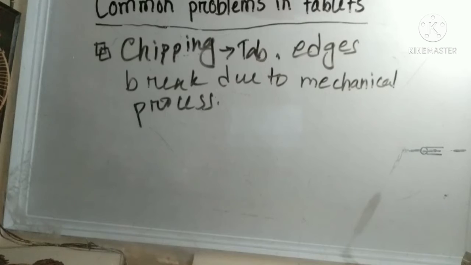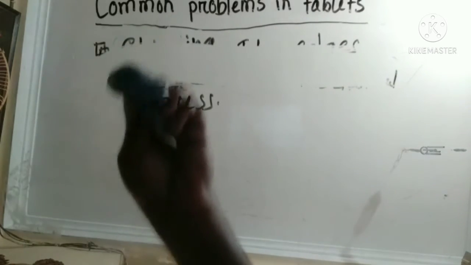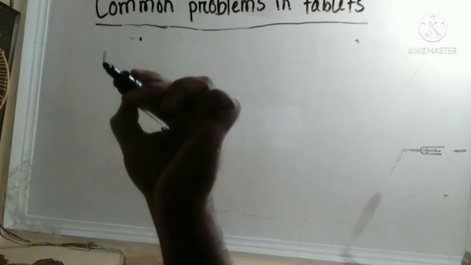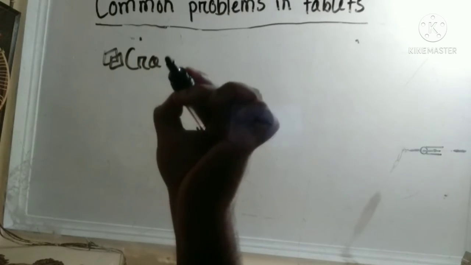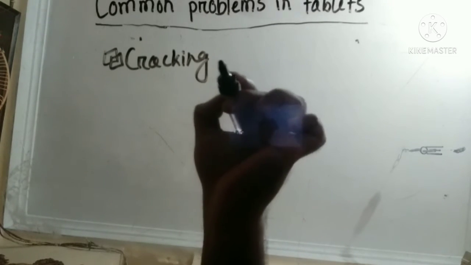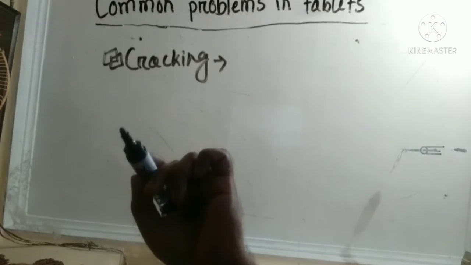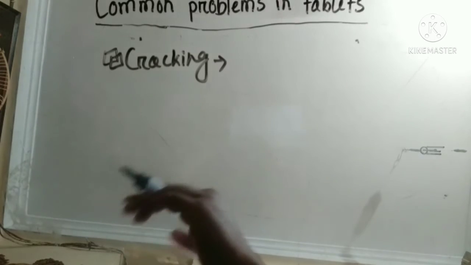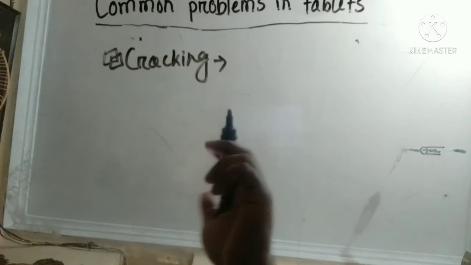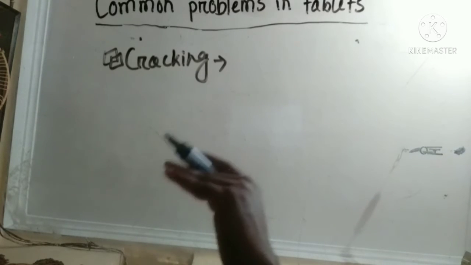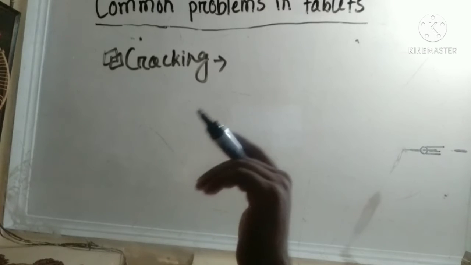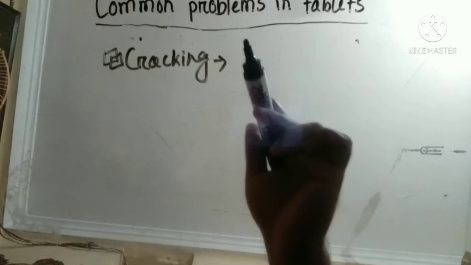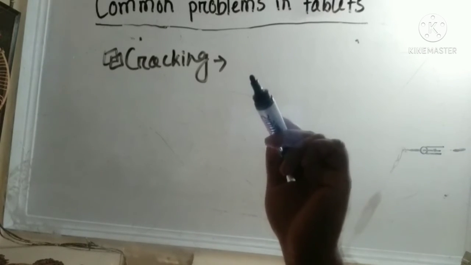How can it be different? So let's see. Cracking is actually when upper and lower central surface of the tablets is totally broken down. Okay, sometimes we see that kind of cracks in side wall of the tablet.